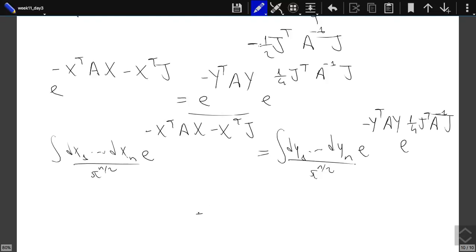So this is equal to 1 over square root of determinant of A times e to the power 1 over 4 J transpose A inverse J.